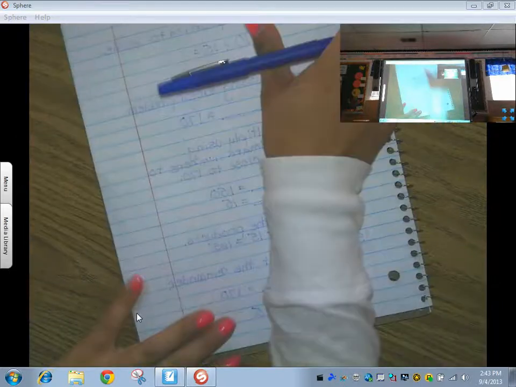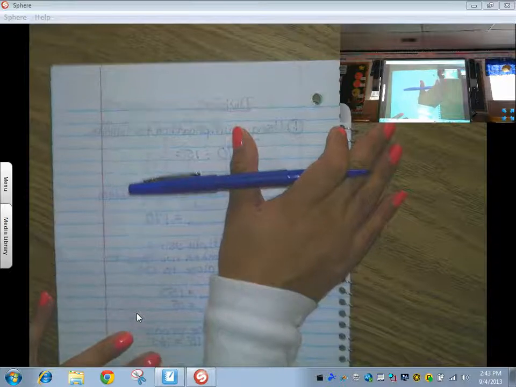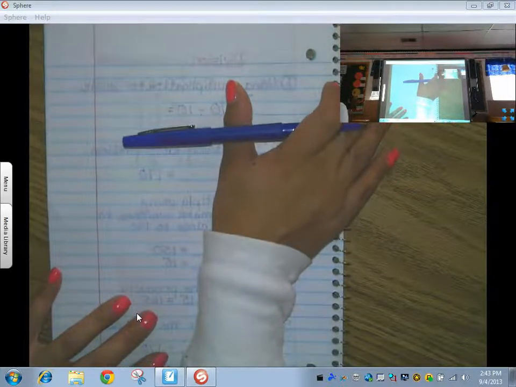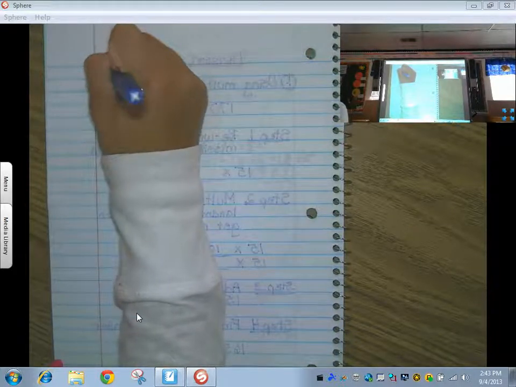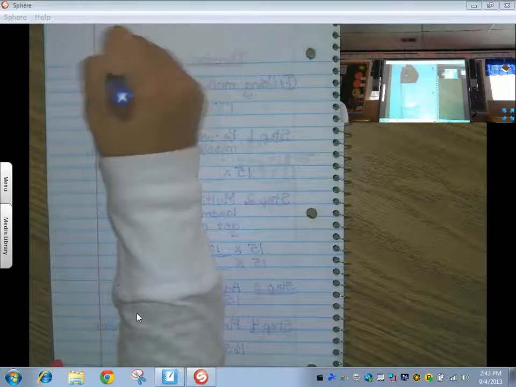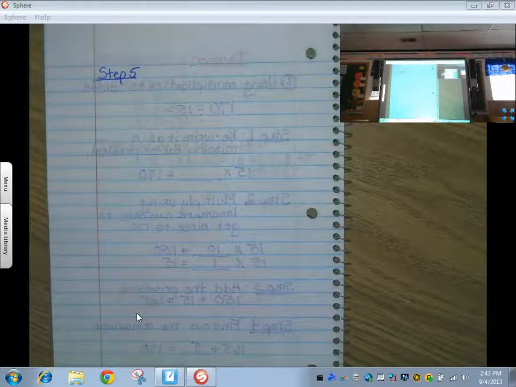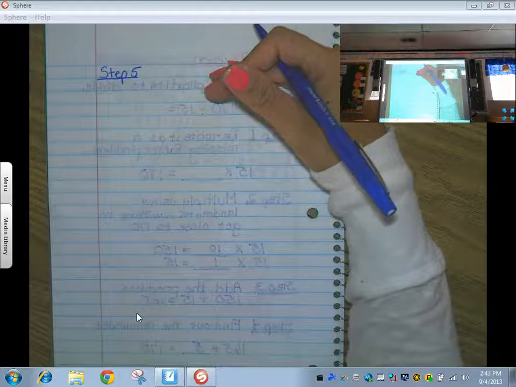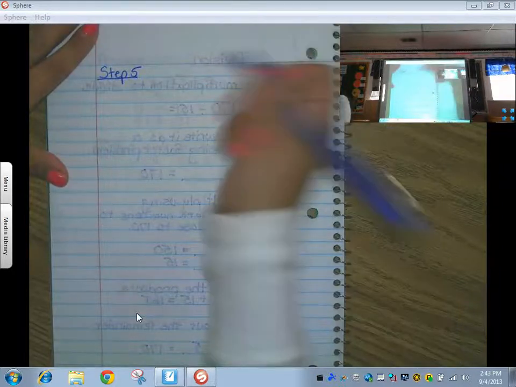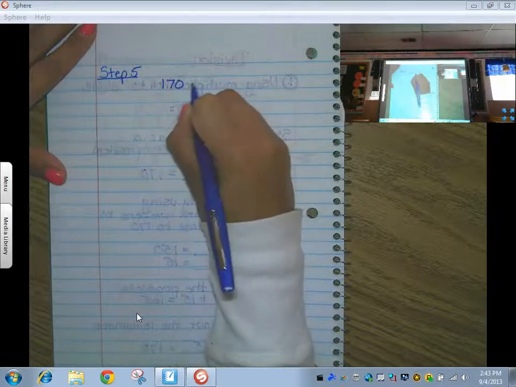So, first thing, I'm going to rewrite the problem so I know what it is I'm working on, right? 170 divided by 15 equals blank. Okay, then, remember step 1, we rewrote it as a missing factor problem. So we said 15 times blank is 170.